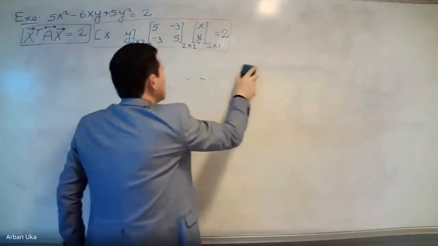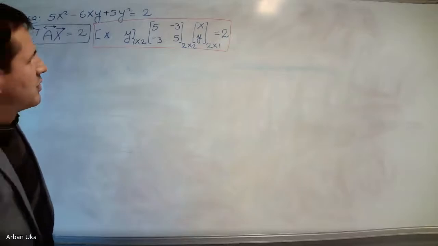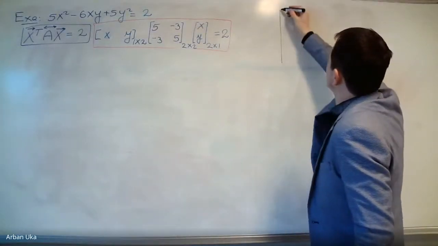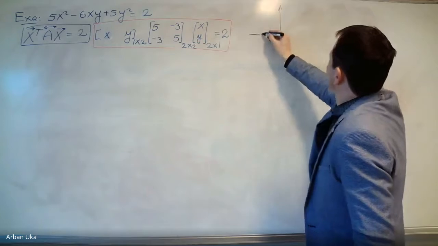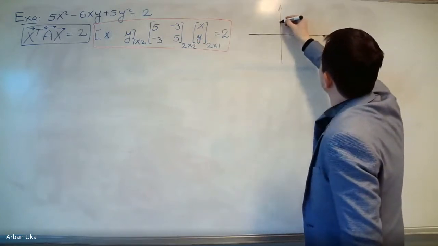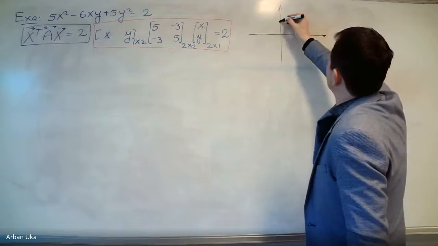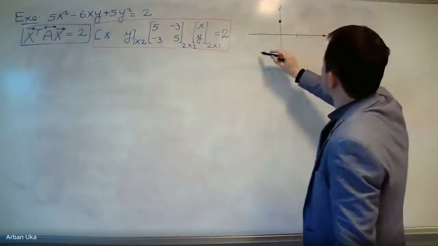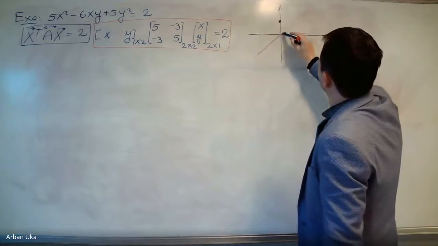We should be able to see that. But now, imagine for a moment that we have a Cartesian coordinate system that looks like this. Now, this Cartesian coordinate system, this is the standard basis, and we have here 1 and 1. Now, let's try to rotate this Cartesian coordinate system by an angle of 45 degrees.